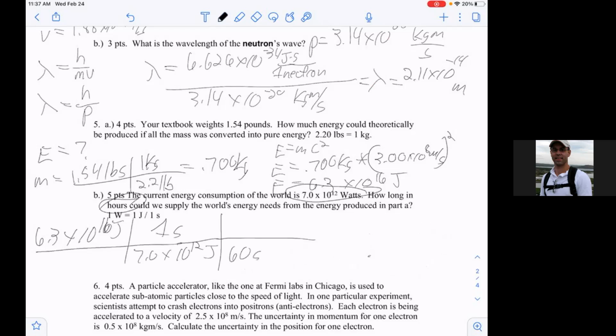So there are 60 seconds in a minute and 60 minutes in an hour. So it comes out to be 2.5 hours.